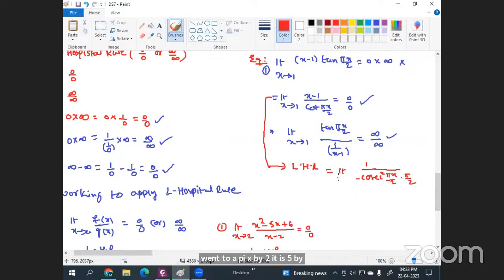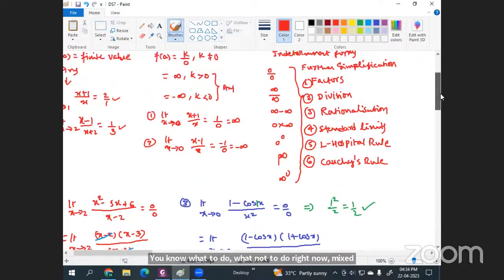So put x equal to 1. Then I am getting minus 1 by cosecant square pi by 2 into pi by 2, so pi by 2 we can write as 2 by pi. Cosecant 90 is 1. So minus 2 by pi we get as the answer. See how simple we are making. You know what to do, what not to do. Right? Now next.